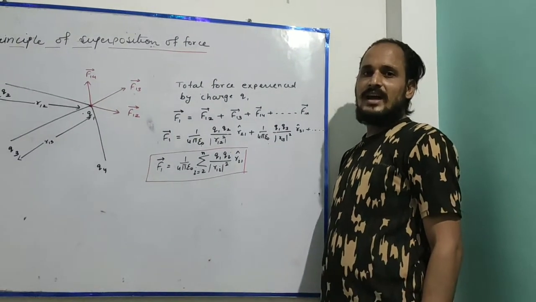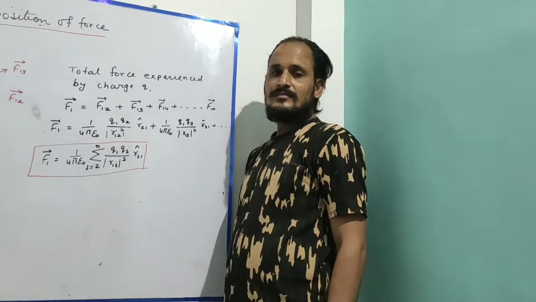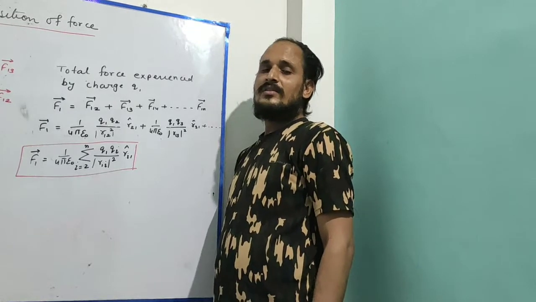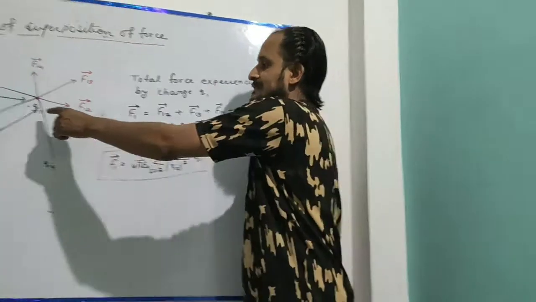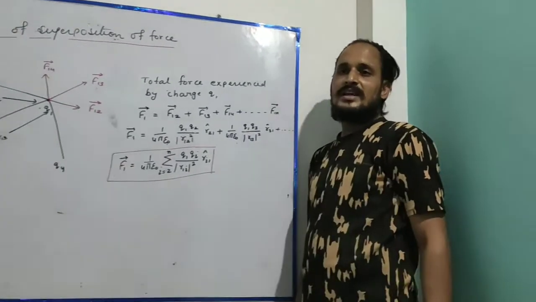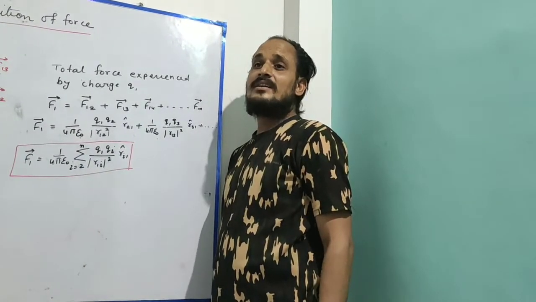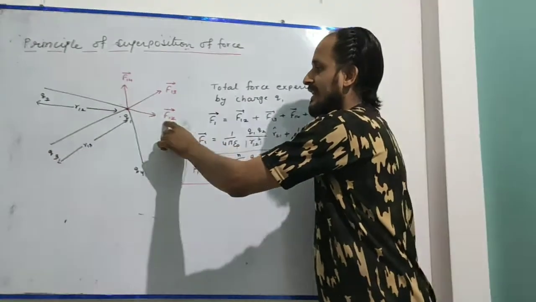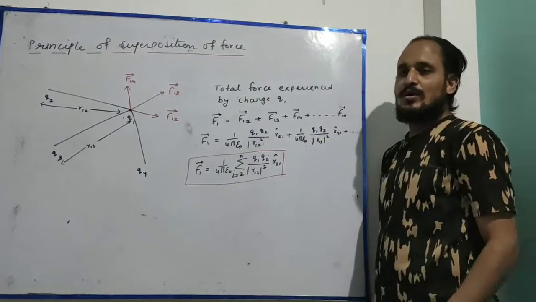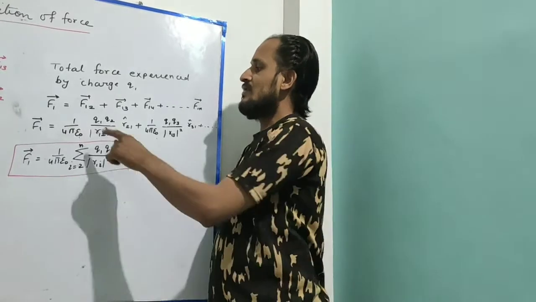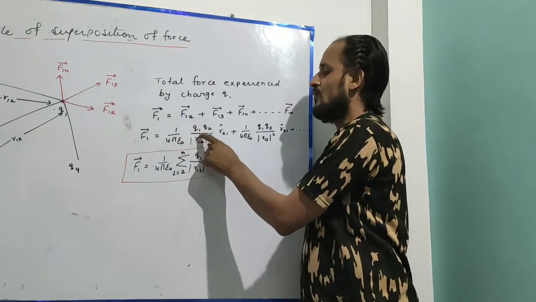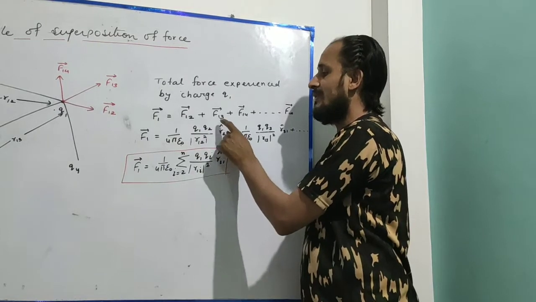One more time I will repeat the statement of the principle of superposition of force. It states that if a charge is surrounded by a large number of charges, then the total force experienced by the charge is equal to the vector sum of forces. Regarding the vector form of Coulomb's law, we have discussed earlier. So force F12 vector we can write as Q1 Q2 upon R12 square, R21 cap.